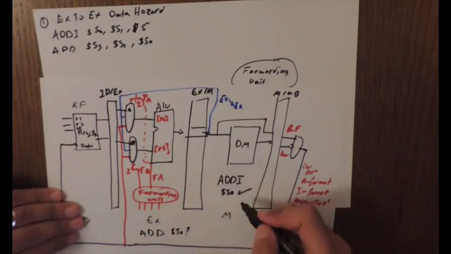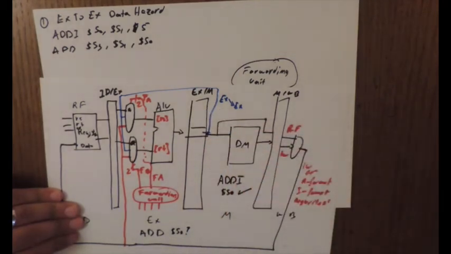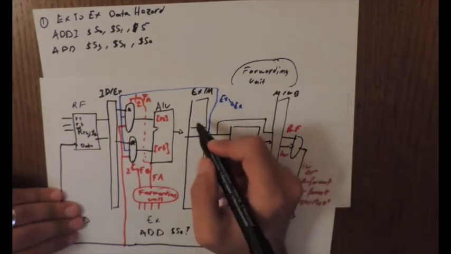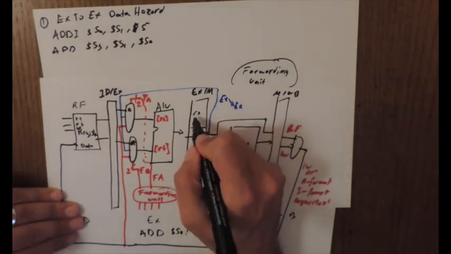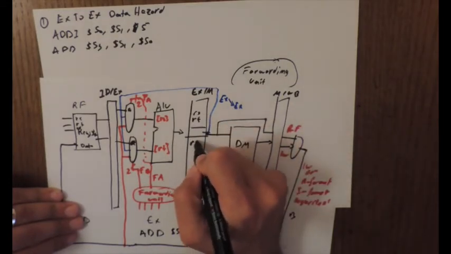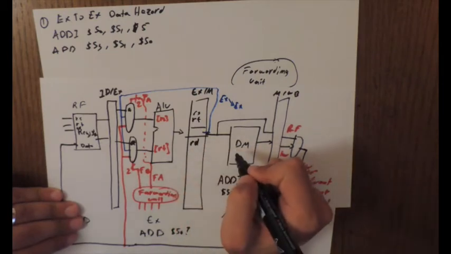So how can we detect this dependency? Remember that we have the value of RS, the value of RT, the value of RD. We have all these values for our forwarding algorithm to work.